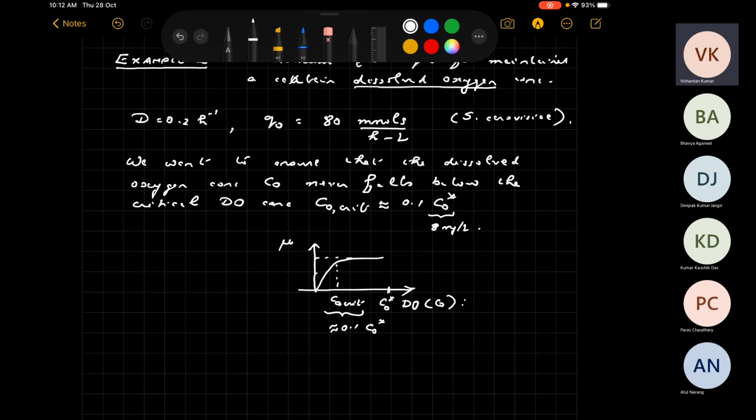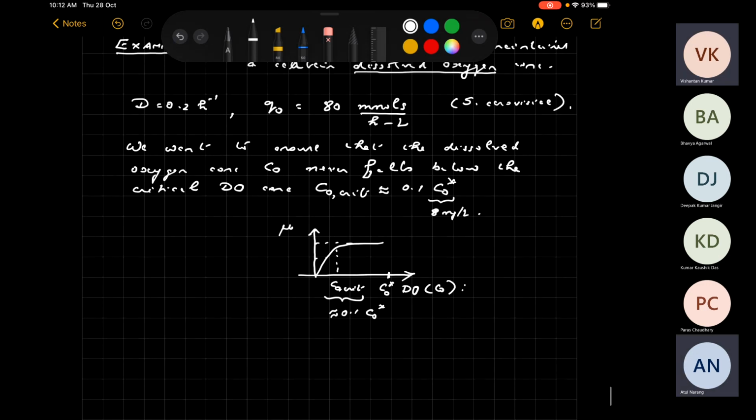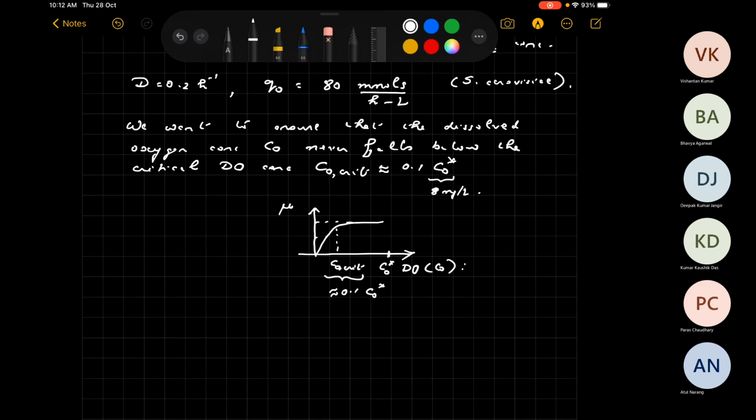Yes, that's clear. So now, the question is, what is the minimum value of KLA that must be maintained?